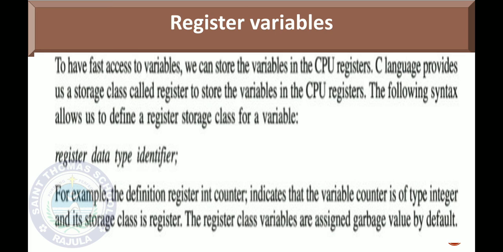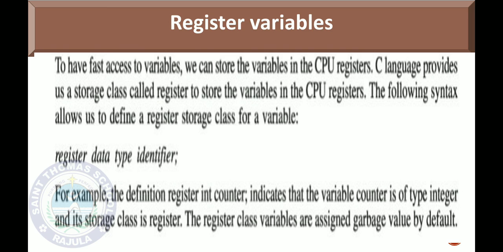So C language provides us a storage class called register to store the variable in the CPU register. Here you can see the syntax of how we can store the variable in the CPU register with the register storage class, and the keyword register is defined there.